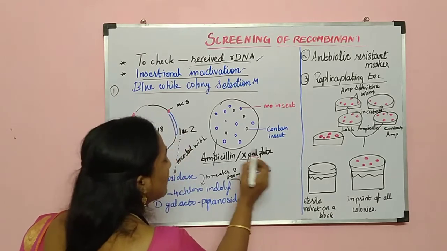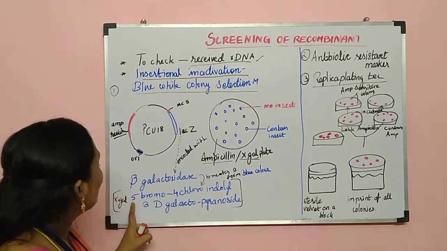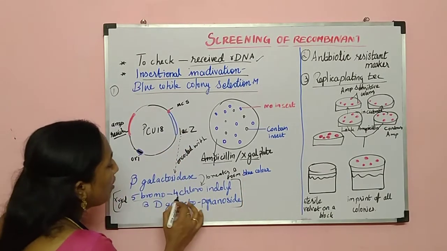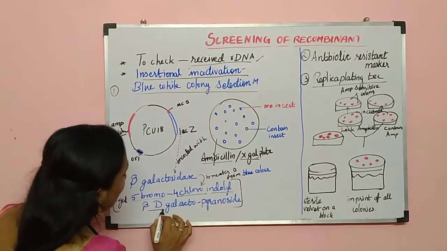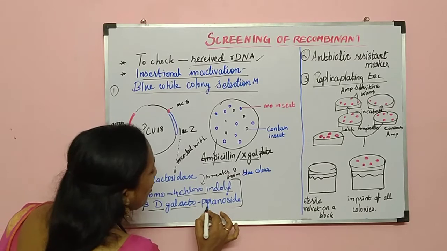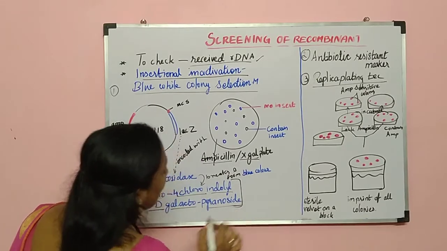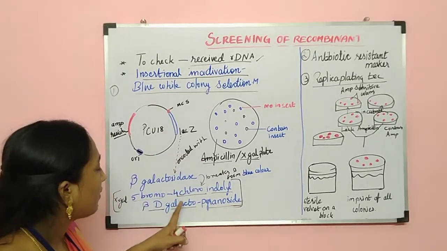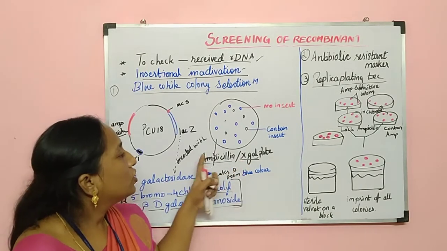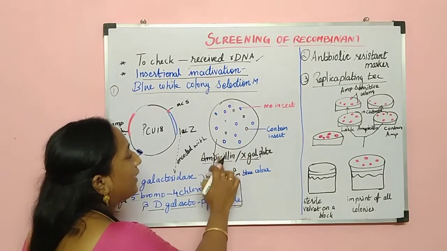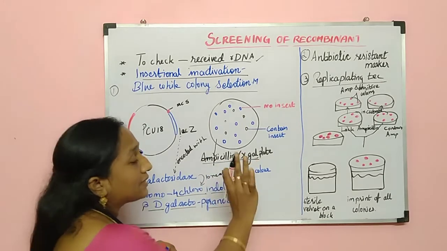X-gal is a chemical substance whose full name is 5-bromo-4-chloro-indolyl-beta-D-galactopyranoside. Simply, we can call it X-gal. So this Petri dish contains ampicillin or X-gal.